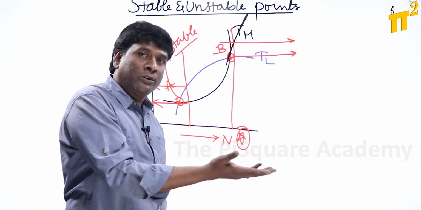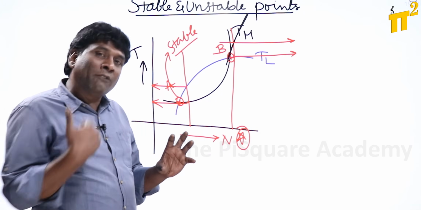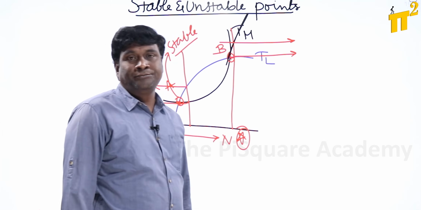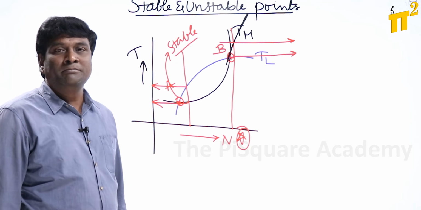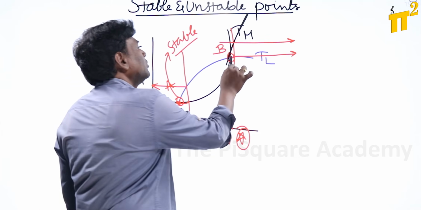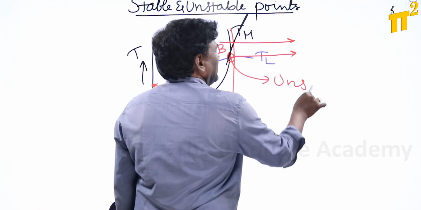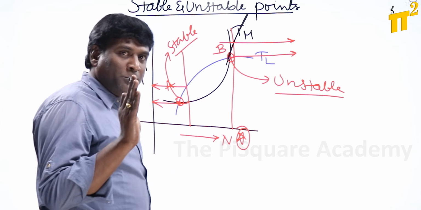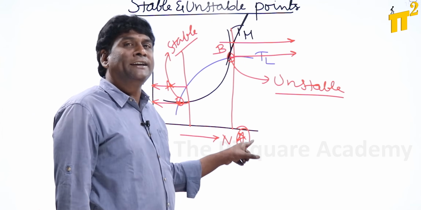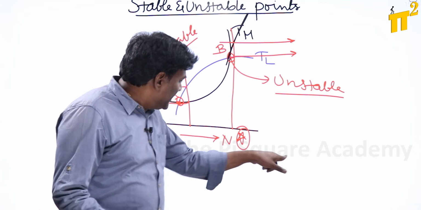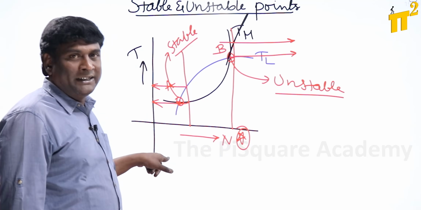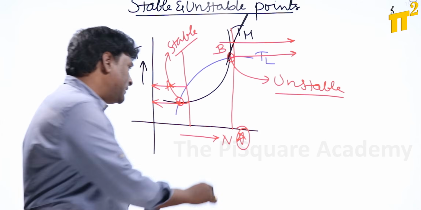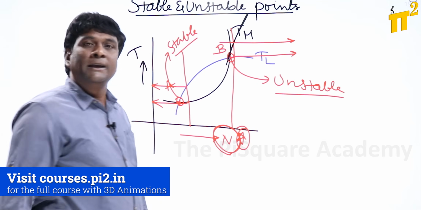The moment it's accelerating torque, the operating point will be unstable because it will accelerate and cannot stop there. So B is going to be unstable. Always keep this in mind: in the direction of increase in speed, you have to focus. If the direction of speed is reversed, B will become stable and A will become unstable.